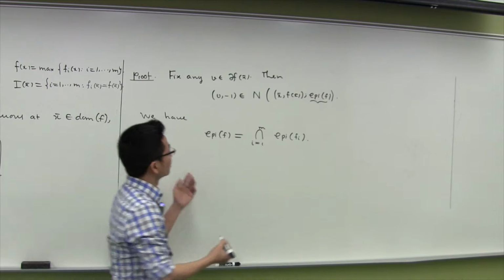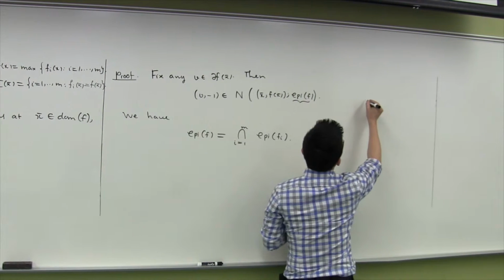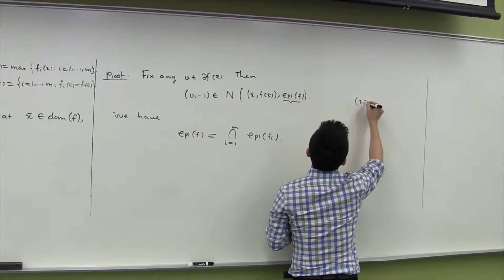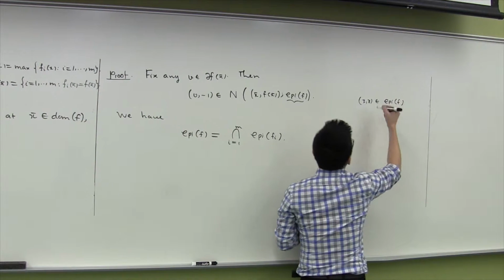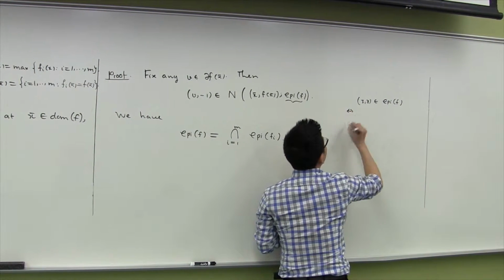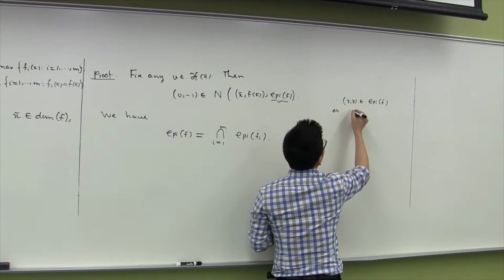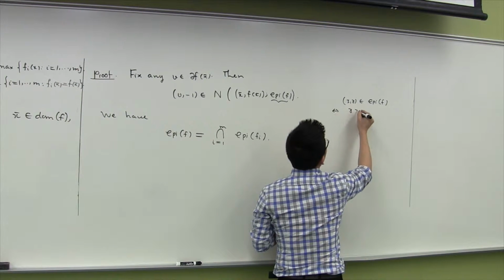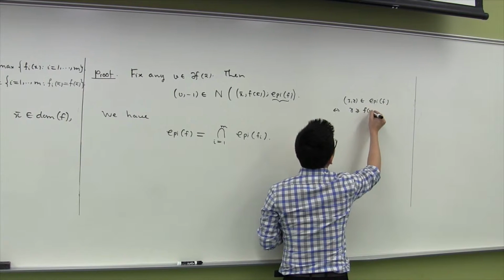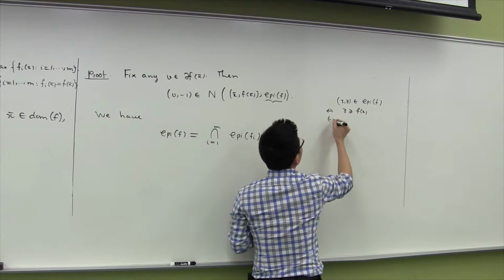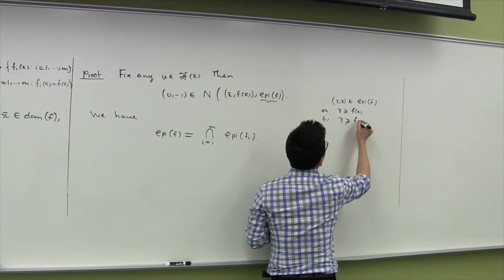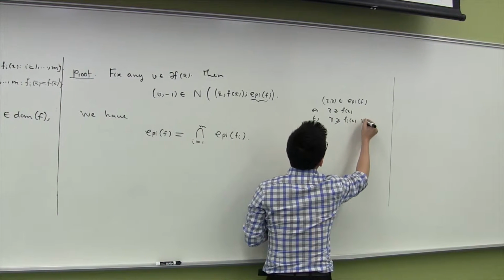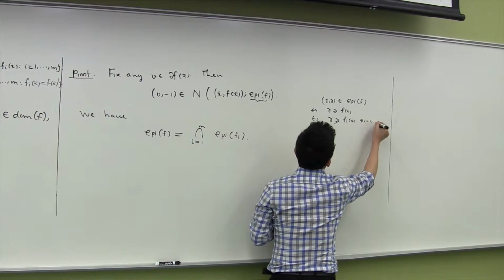So if x, gamma belongs to the epigraph of f, then this is equivalent to gamma being greater than or equal to f of x, and this is true if and only if gamma is greater than or equal to fi of x for all i from 1 to m.